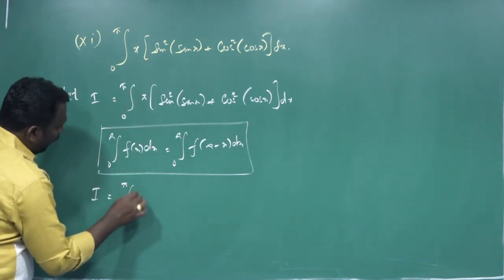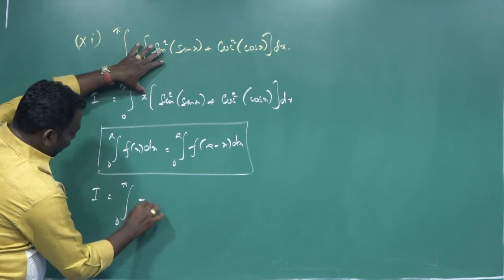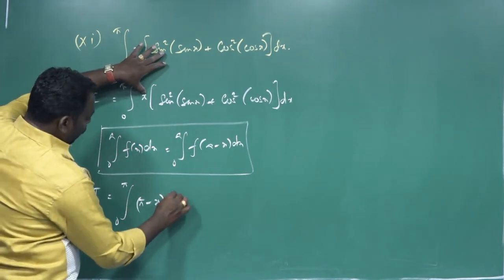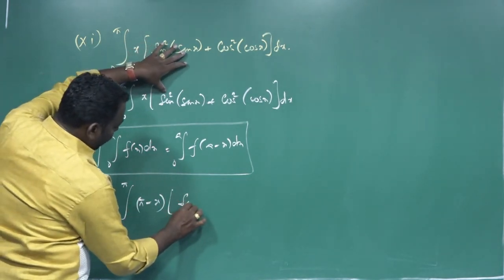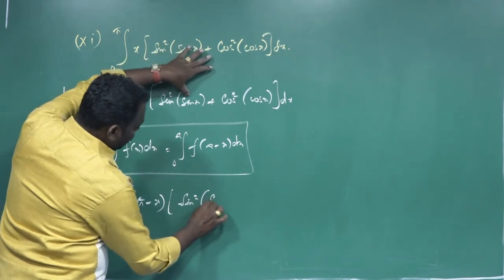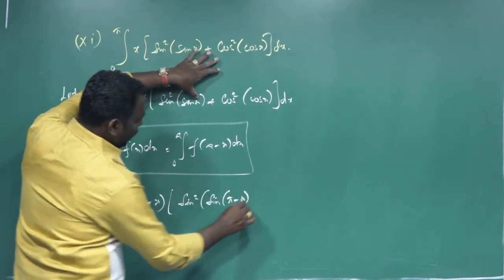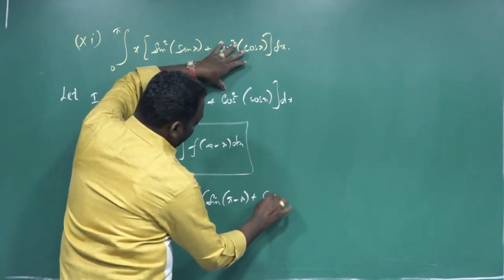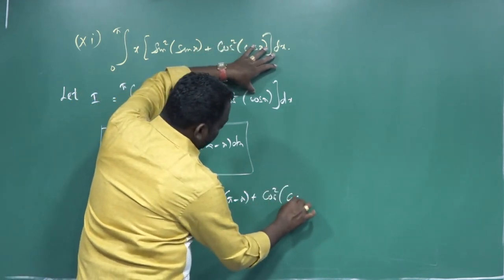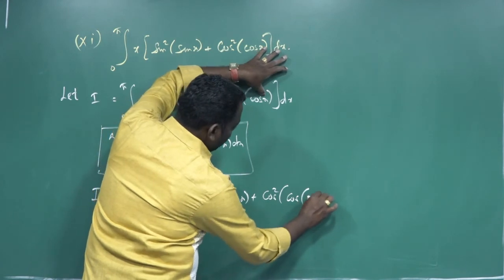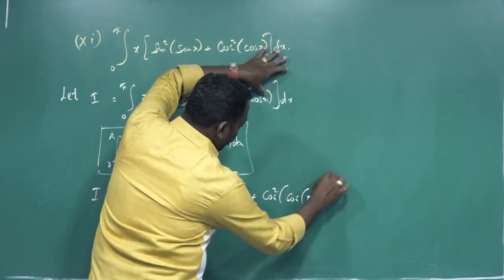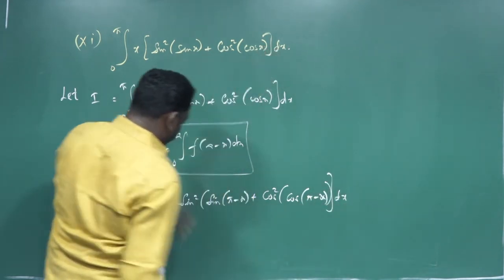Now I is equal to, a is pi here, integral 0 to pi of pi minus x into, within the bracket, sin square of sin of pi minus x, plus cos square of cos of pi minus x, into dx as it is.